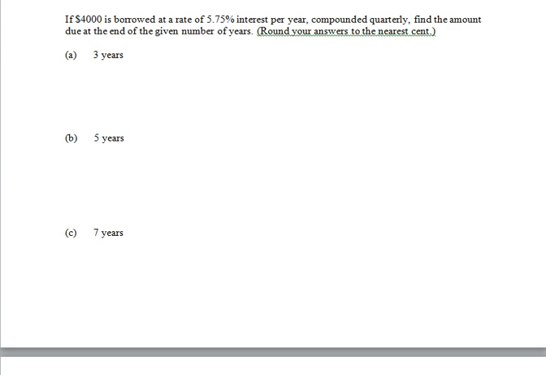And so this time we'll have A of 3 equals 4,000, which is the principal invested, times 1 plus 0.0575, which is 5.75% as a decimal, divided by 4, because we're looking at compounding quarterly, raised to the 4 times 3, or 12.